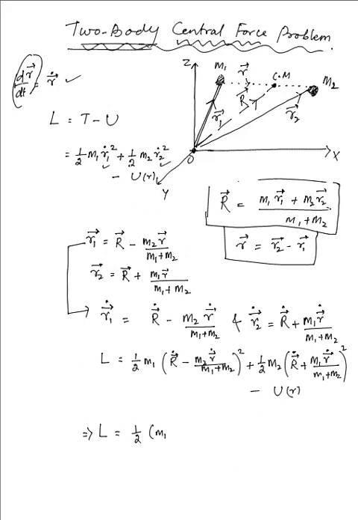The m1 and the m2 terms are common for this r dot and square of it, and then we have the other term, that is half m1 m2 divided by m1 plus m2, multiplied with r dot squared. Remember the square, because the vector term vanishes with the dot product of the two vectors, and minus ur, obviously, that remains.